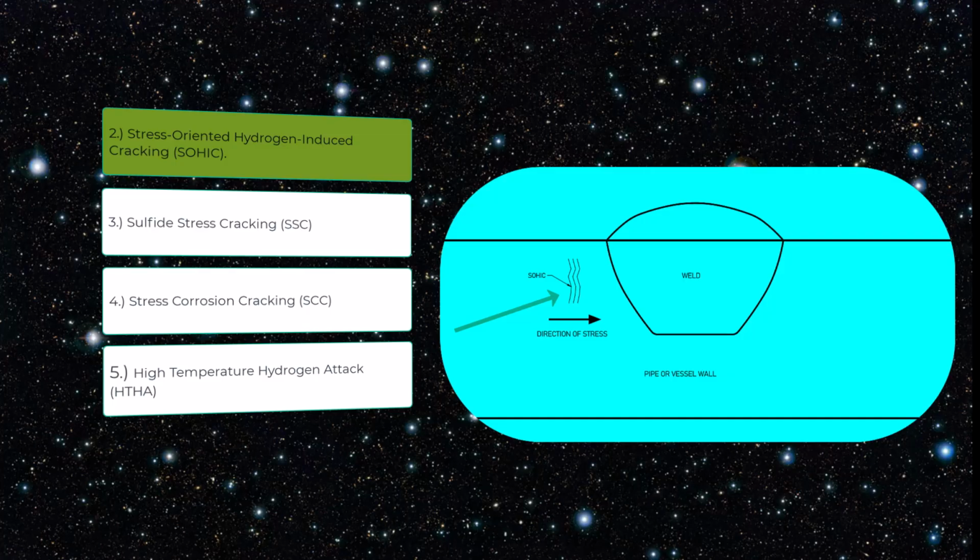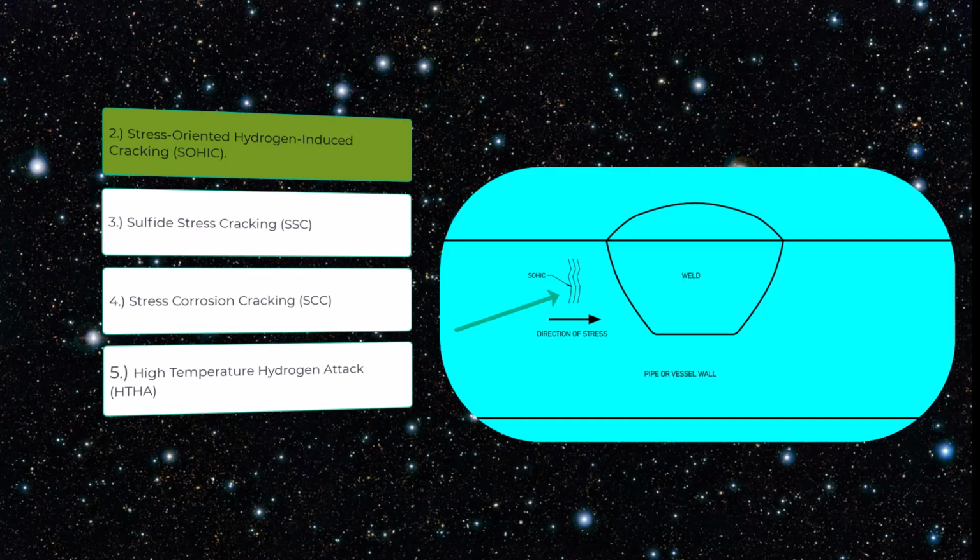Further, stress-oriented hydrogen-induced cracking will produce cracks that are perpendicular to the direction of the stress, and they may be, as shown, layered or stacked. They are very likely to be in the parent metal near a weld due to the residual stress from the weld.